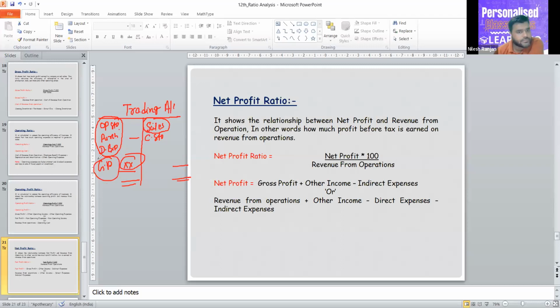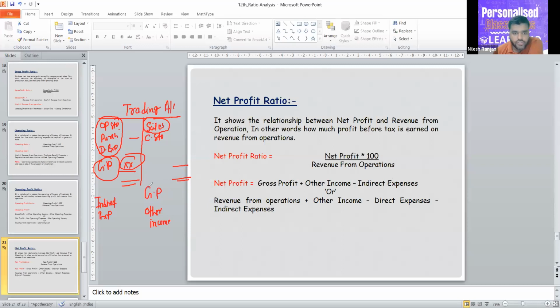Now we transfer gross profit here. We write all other income, like commission, interest, and all the indirect expenses or other expenses are written here. So you can see here gross profit plus other income minus indirect expenses is our net profit formula.